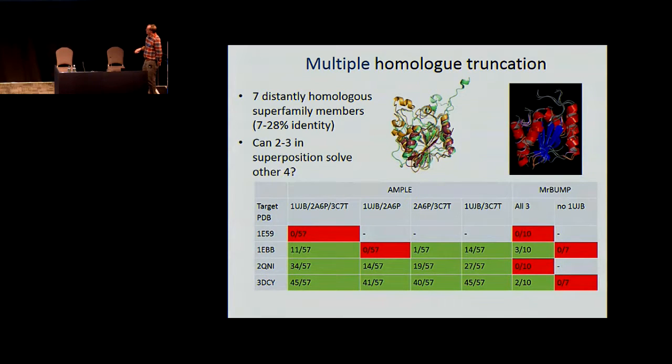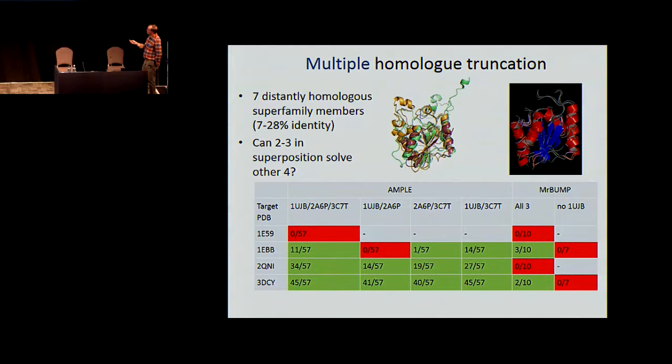So this isn't published yet, and we haven't tried it on a large range of proteins yet, I must admit, but the results so far seem quite promising. What we did here was look in a superfamily. We extracted 7 distant relatives, which share only low sequence identity with each other, and we said if we take these 3, can we solve the other 4?